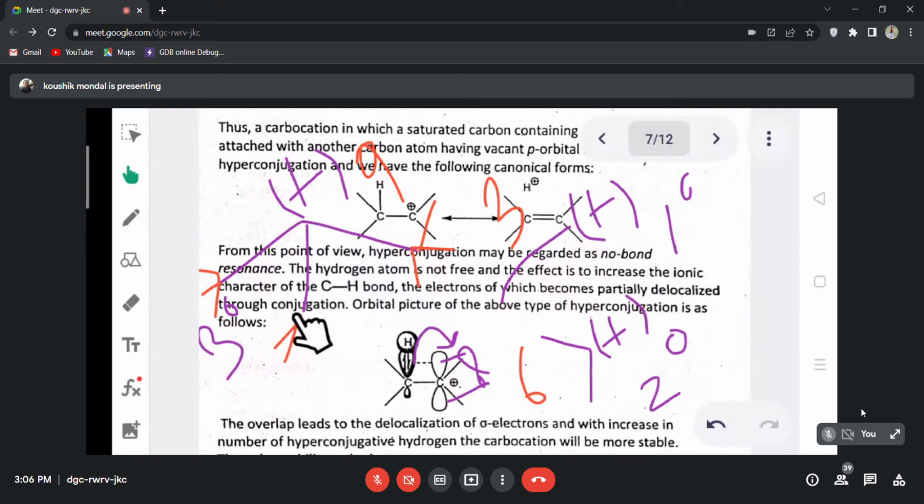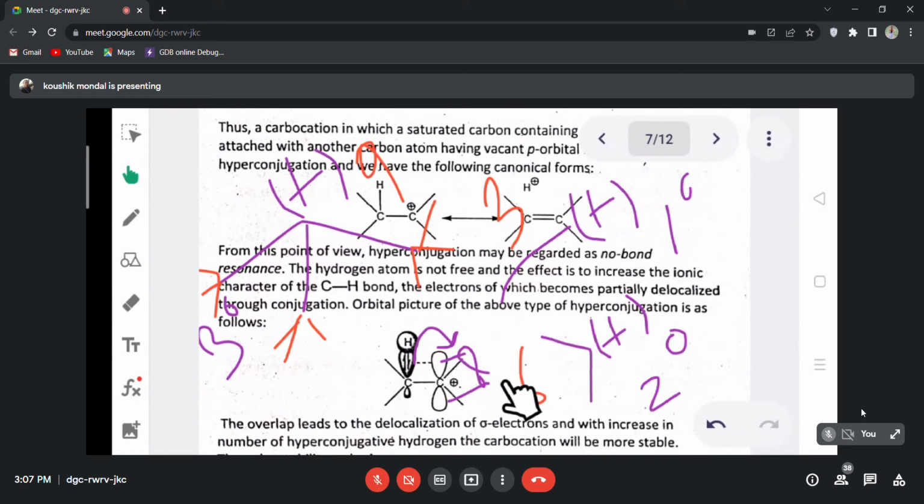There are 9 C-H bonds in this carbocation, so it will be stabilized by the effect of 9 C-H bonds. For the secondary, 2 degree, there are 6 C-H bonds, so it will be stabilized by hyperconjugation of 6 C-H bonds.